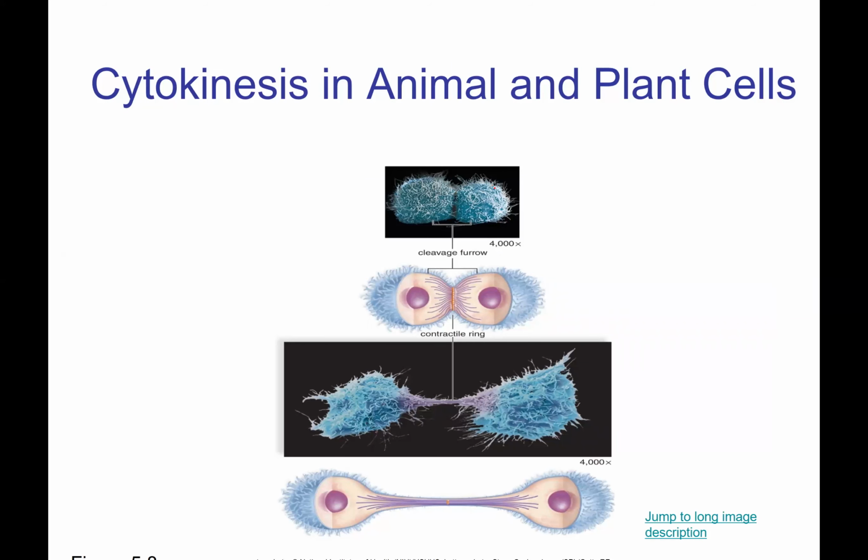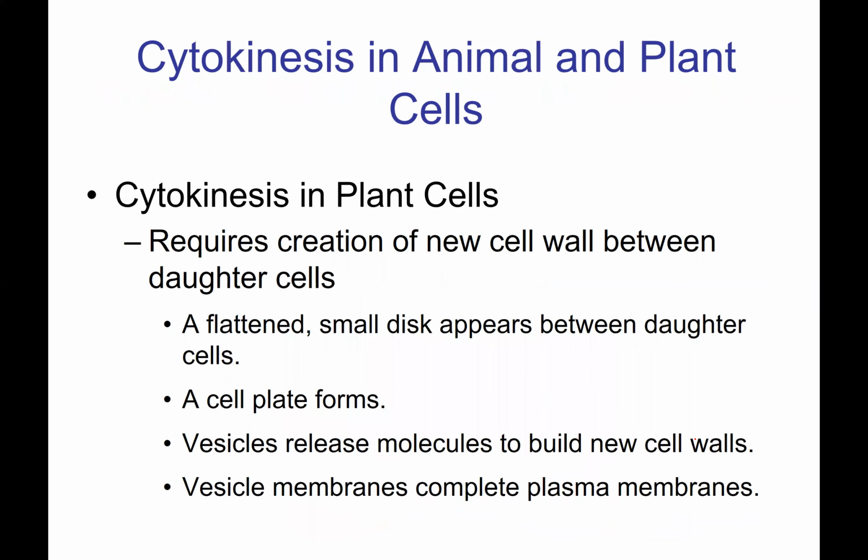Okay, so here we have 2 cells, a cleavage furrow, a ring. Think of it just being like a rubber band, it just pops it in half. Okay, and then eventually they will separate. That's in animal cells. Now in plant cells, you have what's called a cell plate forming. So remember, plant cells have cell walls, animal cells do not.